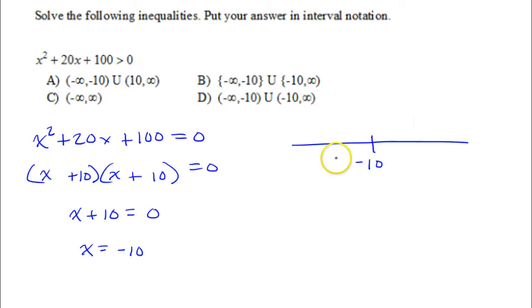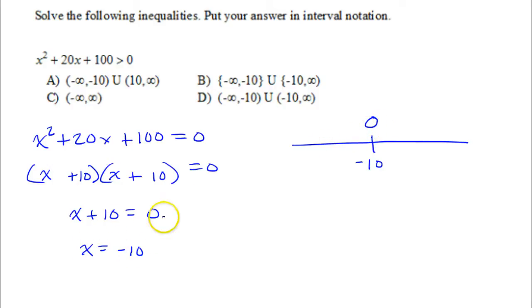Okay, and now I need to decide, first of all, will I put an open circle here at the border point, or will it be a closed circle? This is going to be an open circle because this is greater than. We don't want to include solutions, values that will equal 0.